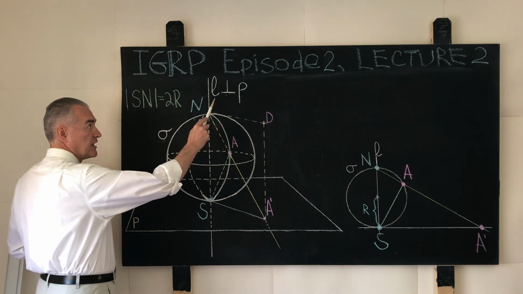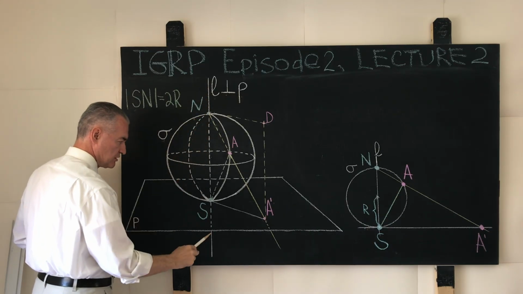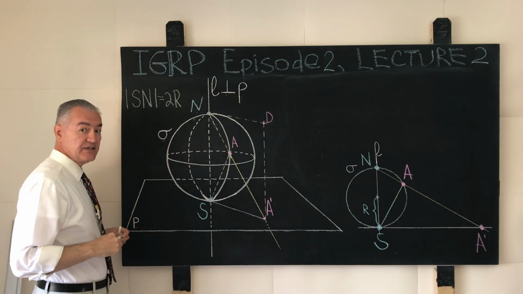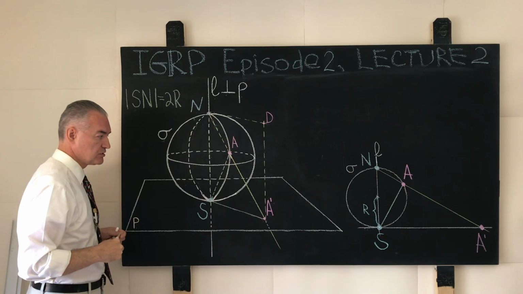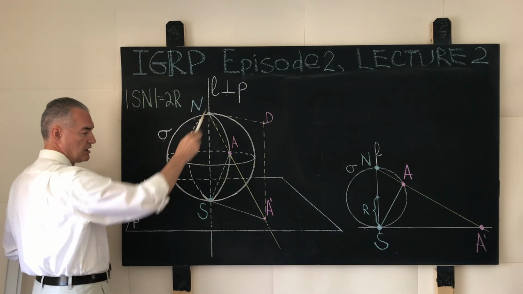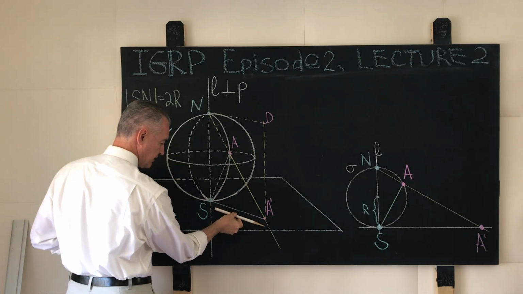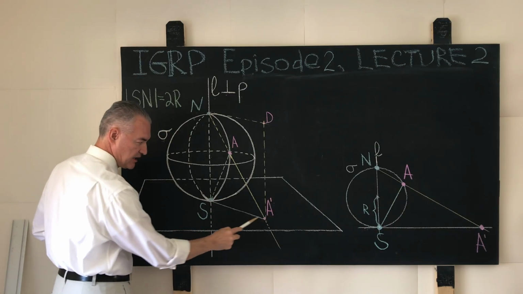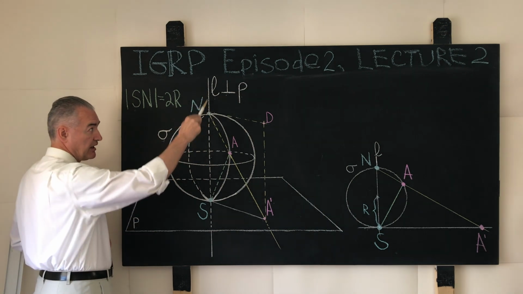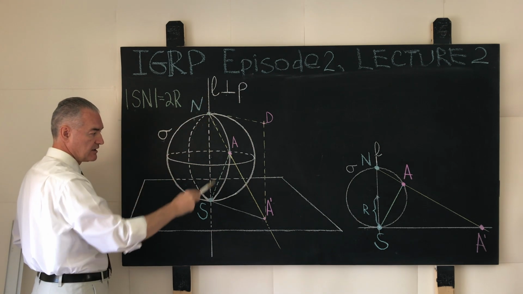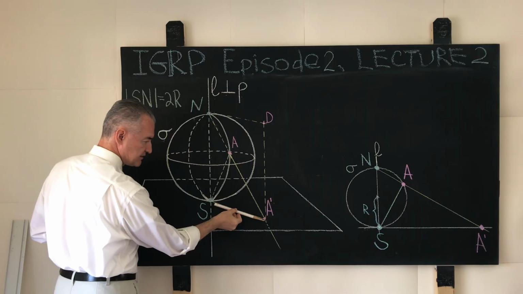Over here, the straight line L that is perpendicular to the plane P is constructed perpendicularly to the plane P, which means that the way things work in Euclidean geometry is that straight line L will be perpendicular to any straight line that lives in the plane P. The straight line SA prime lives in the plane P. That means that the straight line L that houses the diameter NS of our Riemann sphere is perpendicular to the line segment SA prime.